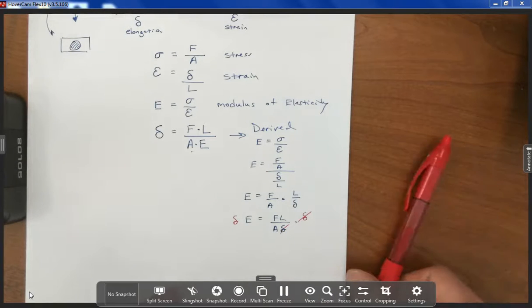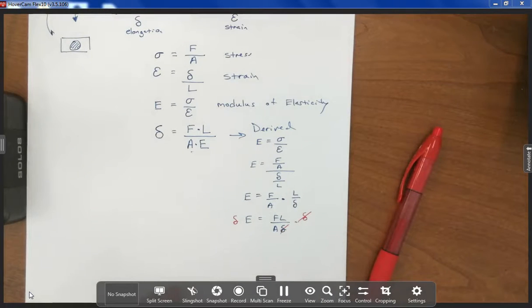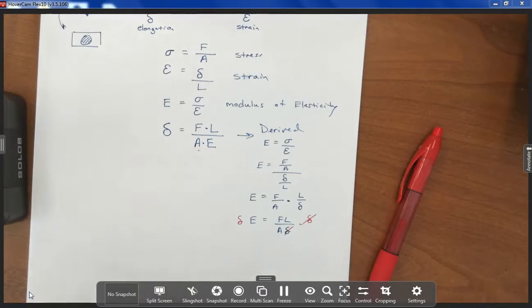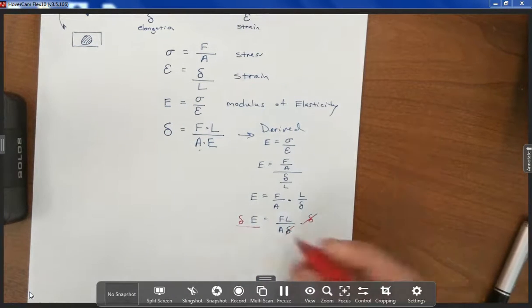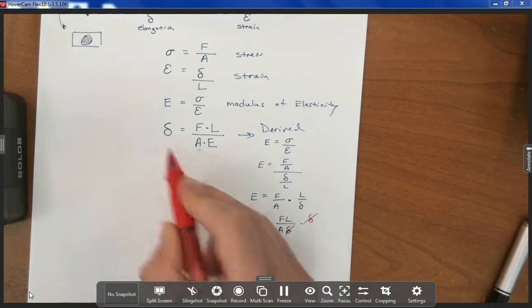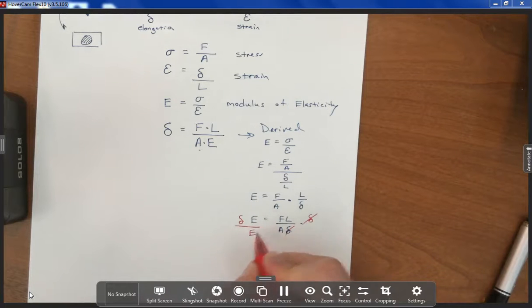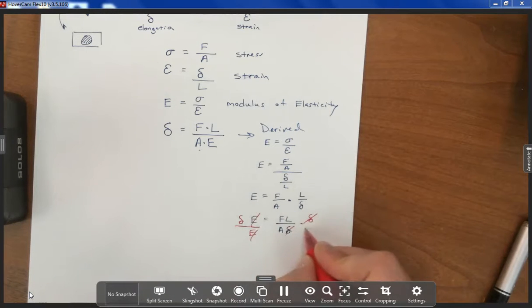And then I would divide, if I have another color to use, pen, no, maybe black. Oh, that's red. Okay, well, I would divide, since I'm trying to solve for elongation, both sides by the modulus of elasticity to get that to cancel. And over here, dividing is simply putting it in the denominator instead of the numerator.